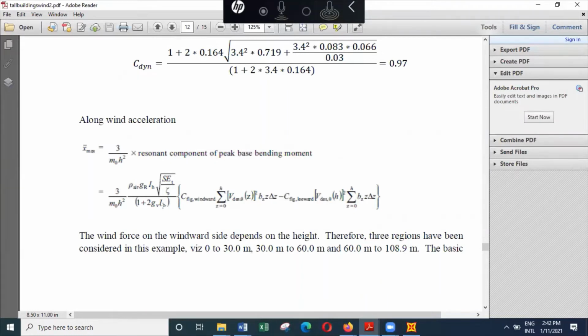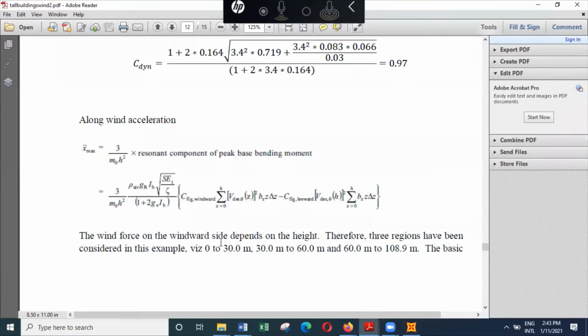So we generally determine the acceleration for a slightly lower wind speed. Generally a wind speed like 25 meters per second can be used when we determine the acceleration with a lower return period. So the along-wind acceleration is given by this equation.